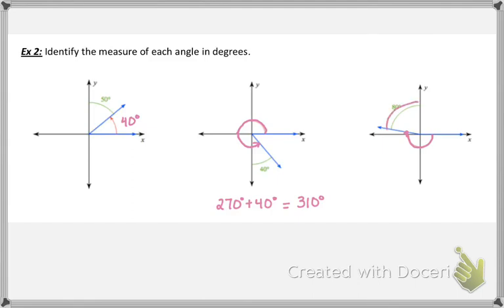And since this part is 80 degrees, and one of the quadrants forms a 90-degree angle, this little piece must be 10 degrees. So we went negative 180 degrees, and then we subtracted 10 more degrees, and now we're at negative 190 degrees. That is the measure of that angle going clockwise.